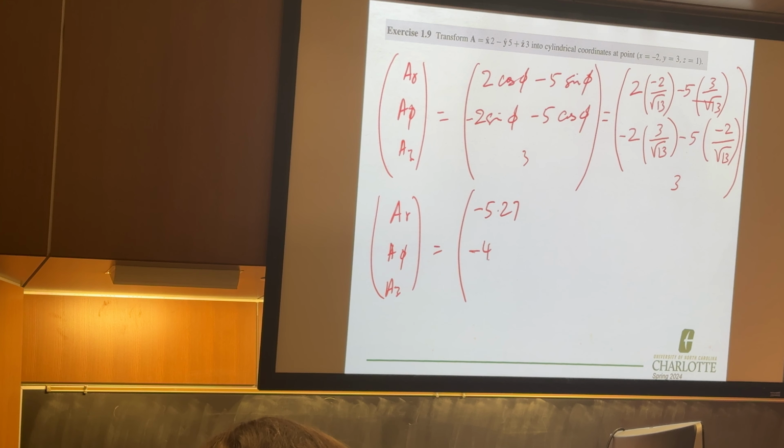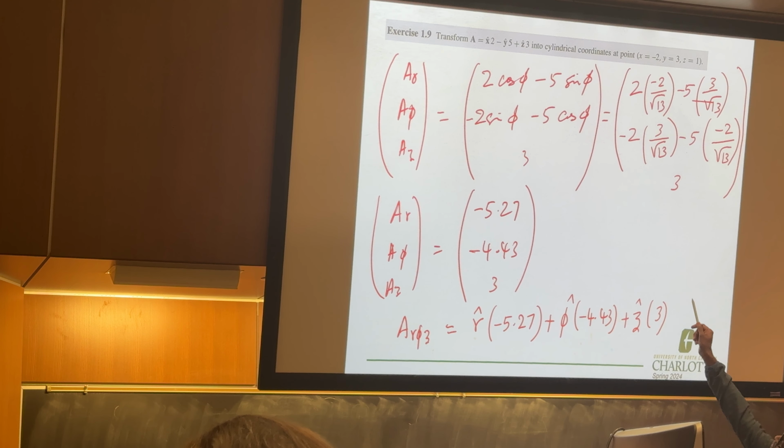So this vector in the cylindrical coordinate system looks like, in the r direction it is minus 5.27, in the phi direction it is minus 4.43, and in the z direction it is 3. Okay? So the given vector up there in the xyz system has been transformed into the cylindrical coordinate system at that given point.